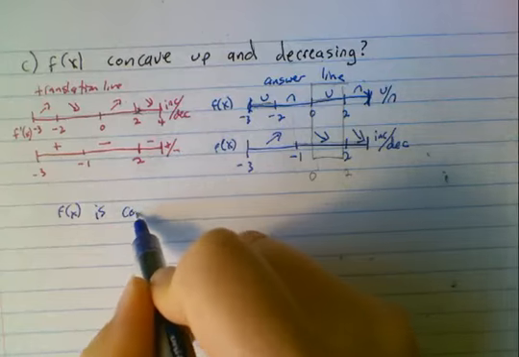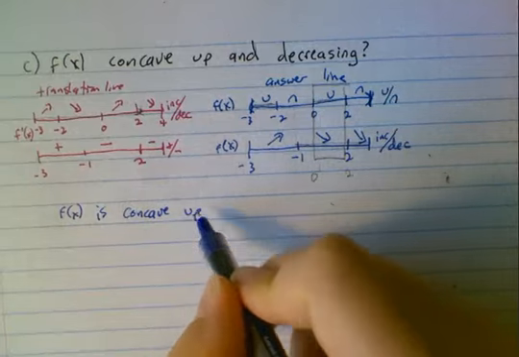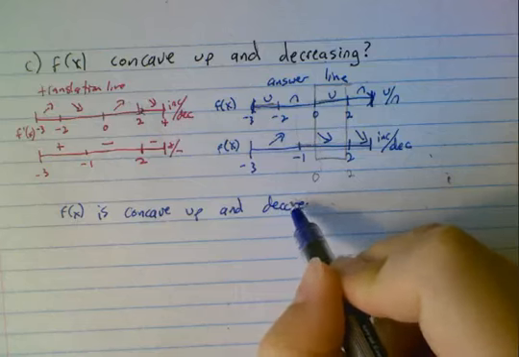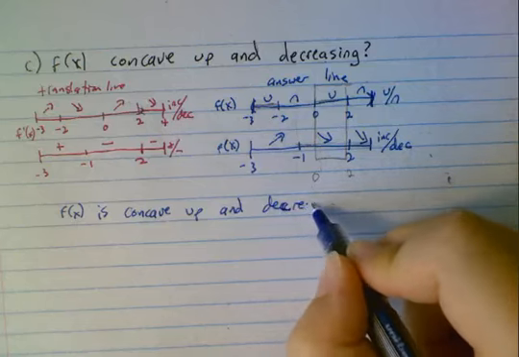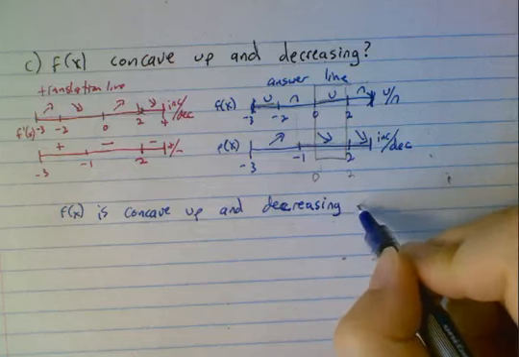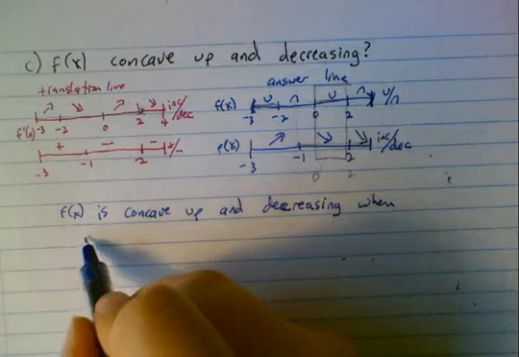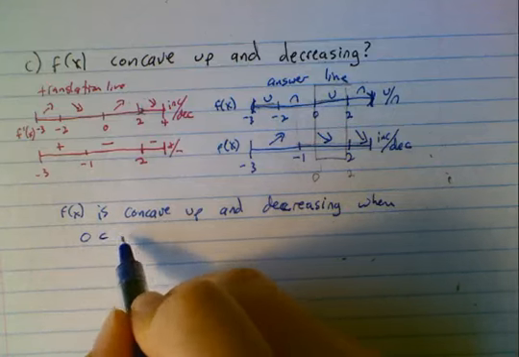F of x is concave up and decreasing when x is between 0 and 2.